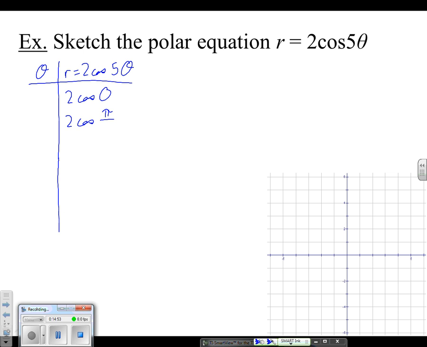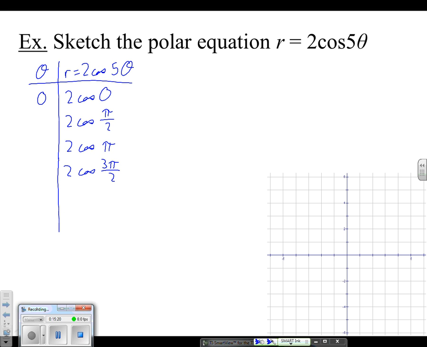I want the next r to read 2 cosine of pi. And I want the next r to read 2 cosine of 3 pi over 2. Now, the question is, what value of theta should I pick for each of these? Well, in the first case, if theta is 0, this is 2 cosine of 5 times 0, which is 0.